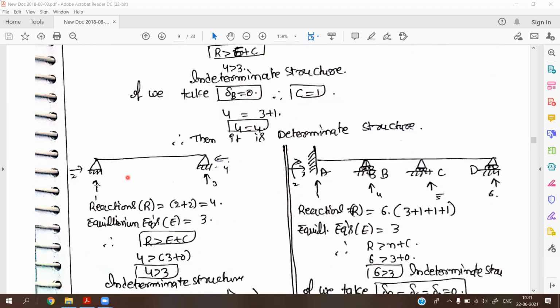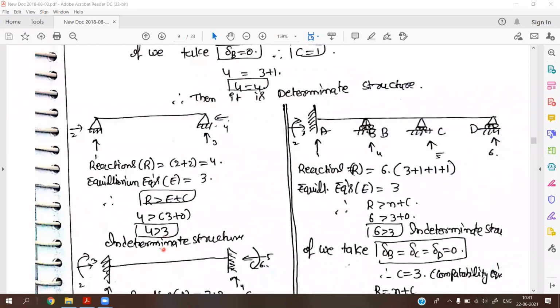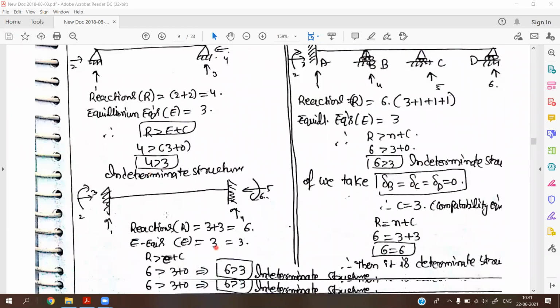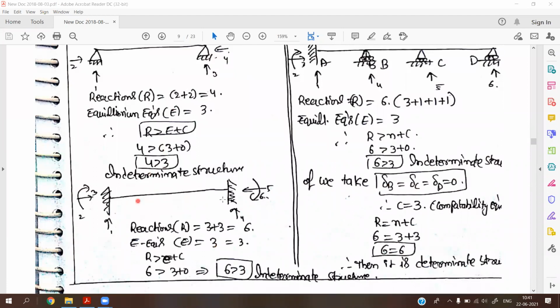Okay, suppose we have two immovable hinge supports. Both immovable hinge supports have two reactions, so 2 plus 2, 4 reactions, and equilibrium equations 3. For this beam we have 4 reactions and 3 equilibrium equations, therefore this is an indeterminate structure. Like this, if we take a fixed beam, at both ends we have fixed supports.